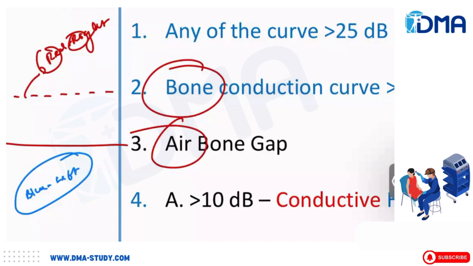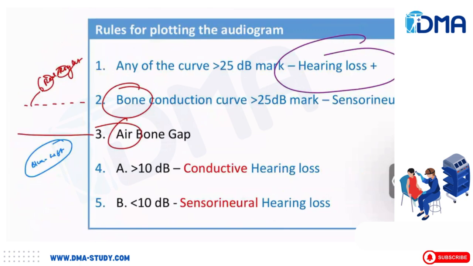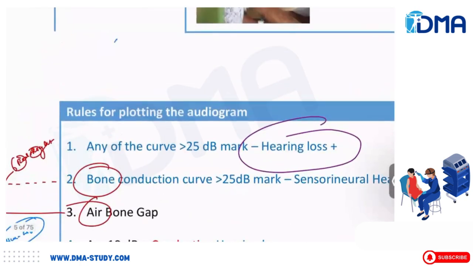Dr. Gaurav and others, you just look into this. If it is a right-sided curve, red color. Blue color curve means left-sided. That is rule number 1. Then we have to know the shapes of the curves. If it is less than or greater than symbol, it is a bone conduction curve.